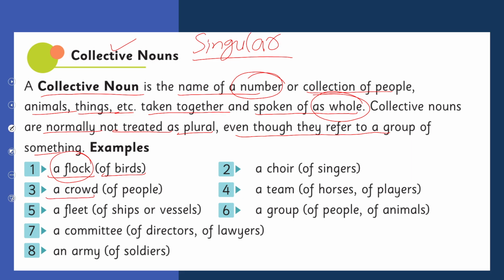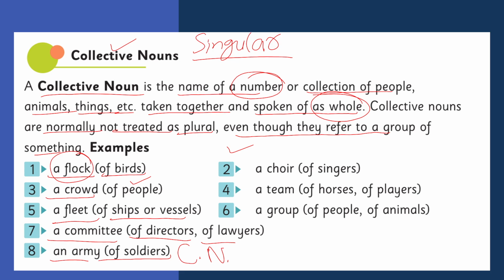A crowd of people, a fleet of ships, a committee of directors or of lawyers, an army. In the army we have different army personnel, soldiers, different ranking people. So this is a collective noun. All of these are your collective nouns.